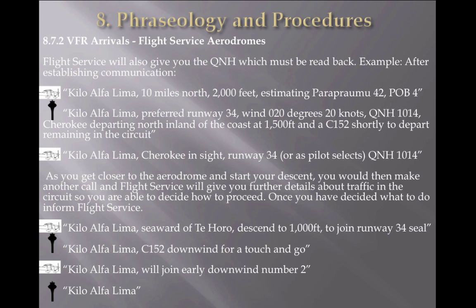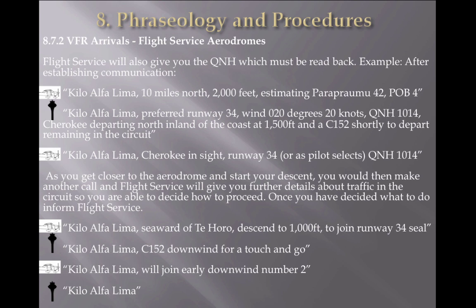They will respond: Kilo Alpha Lima, preferred runway 34, wind 020 degrees, 20 knots, QNH 1014, Cherokee departing north inland of the coast at 1,500 feet, and a C152 shortly to depart, remaining in the circuit. You will respond: Kilo Alpha Lima, Cherokee in sight, runway 34, QNH 1014.